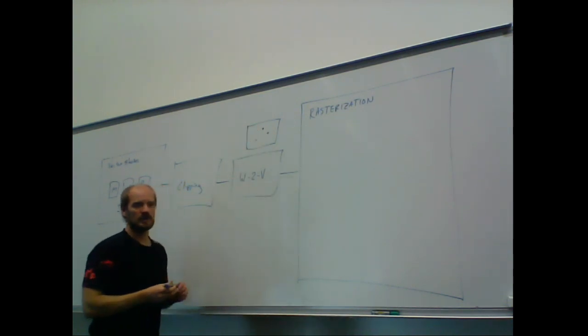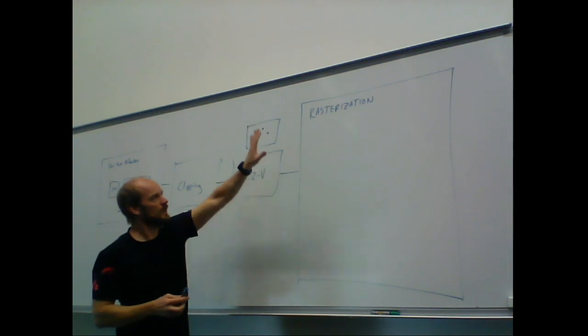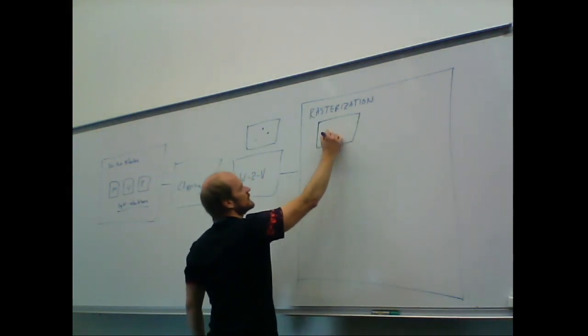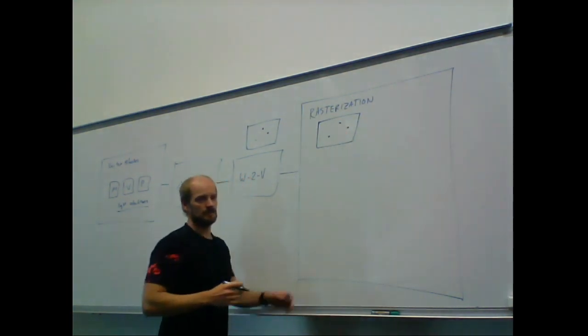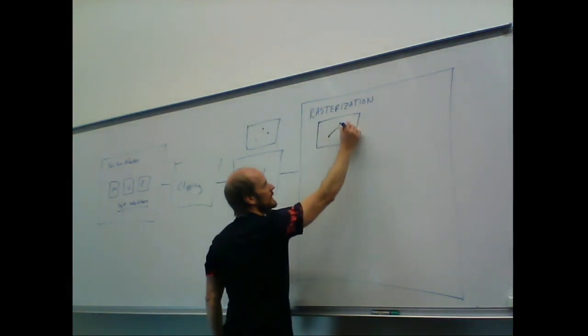We have the vertices, even some data linked to these vertices, and their positions. What rasterization does is it takes these vertex locations on the screen and fills them in.